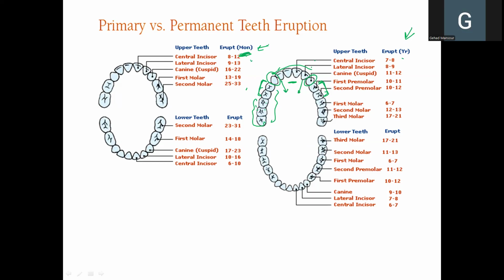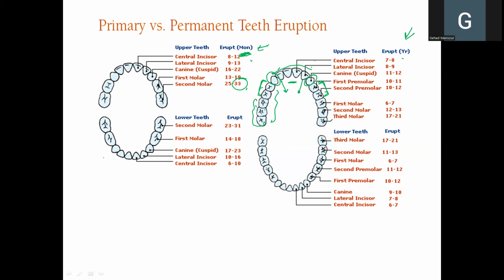And as you can see, all the milk teeth erupt. The age is in months because the maximum age is 33 months. 33 months makes about 3 years old. So by the age of 3, the child should have finished the set. All the milk teeth should have appeared.